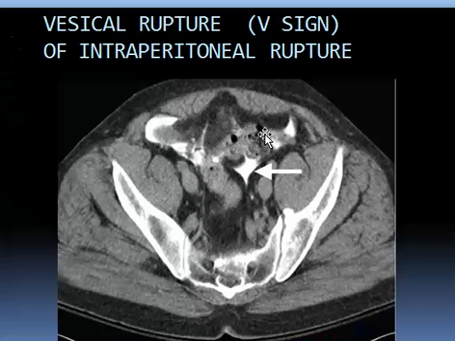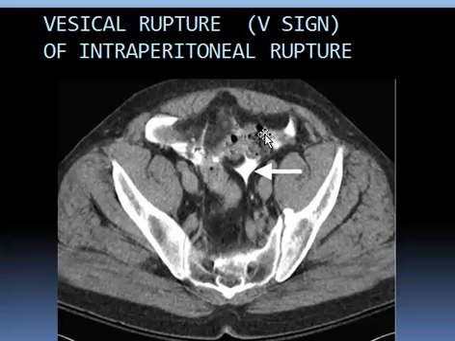Lastly, this is the intraperitoneal rupture appearance, and we know that the peritoneum is converging into the root of the mesentery, and thus any collection has a triangular shape pointing posteriorly, or laterally. That is why bladder rupture will give what we call the V sign.